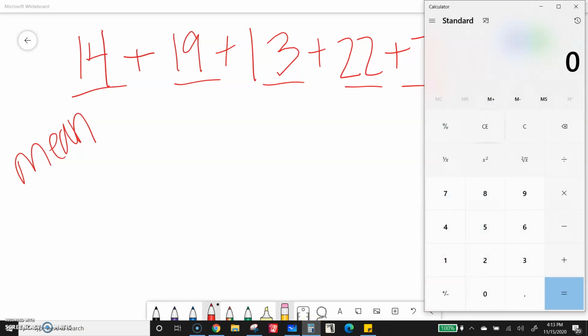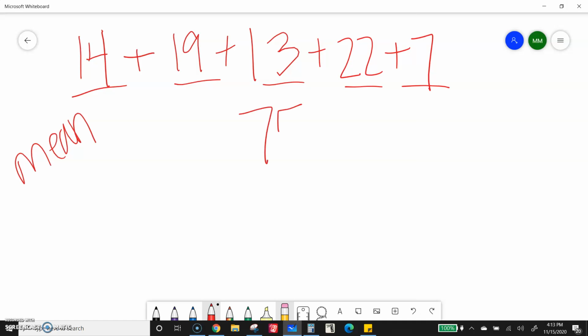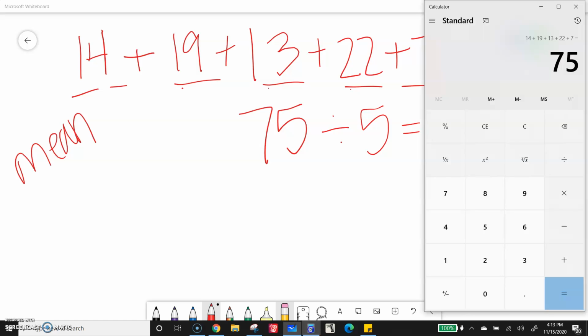And you can absolutely use a calculator on this practice. 14 plus 19 plus 13 plus 22 plus 7. Okay, that equals 75. And then the next step is to divide by how many numbers I have. I have 5 numbers, so I divide by 5.